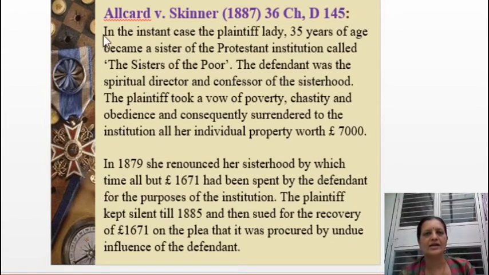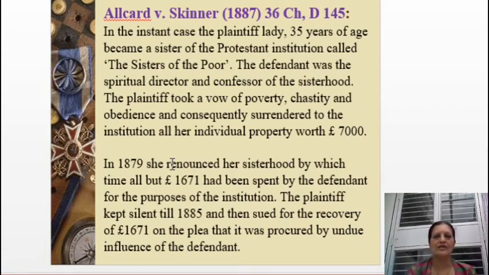Let us discuss the case law Allcard versus Skinner. In this case, the plaintiff, a lady of 35 years of age, became a sister of a Protestant institution called the Sisters of the Poor. The defendant was the spiritual director and confessor of the sisterhood.